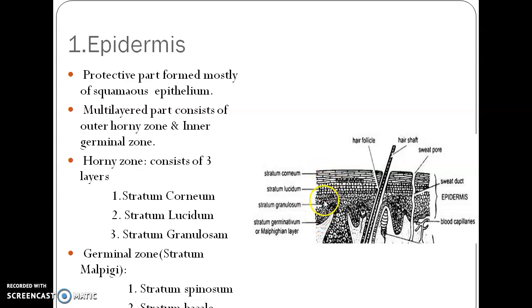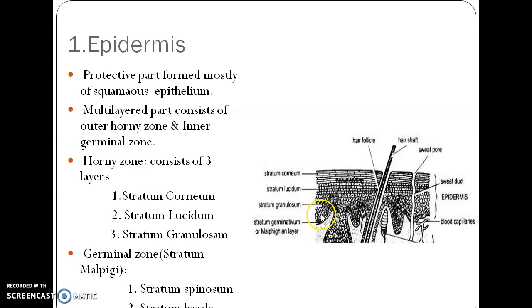These two layers constitute what? Epidermis. So come to the horny layer. The horny layer generally consists of three layers: stratum corneum, stratum lucidum and stratum granulosum. These three layers constitute the horny layer of epidermis, which is followed by another layer called the germinal zone, stratum malpighi.